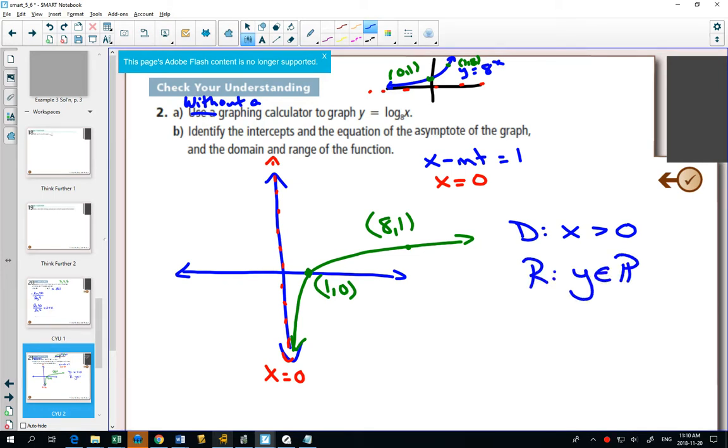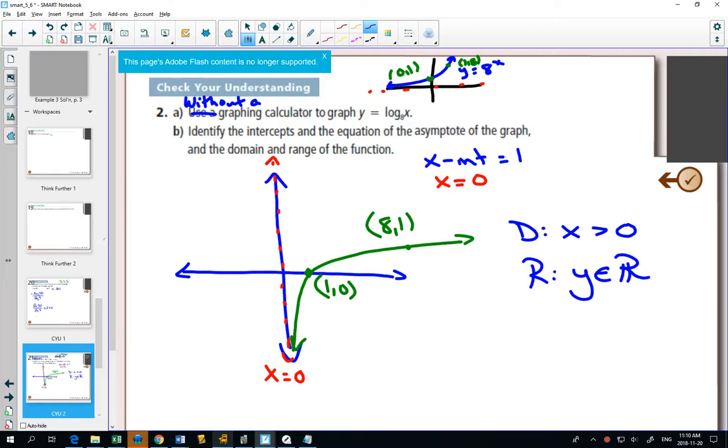Yes. How do we know that logs and exponentials are inverses of each other? That's why the log equation was introduced. Like, how do you know that a square root and squaring are inverses of each other? You learned they do the opposite things.